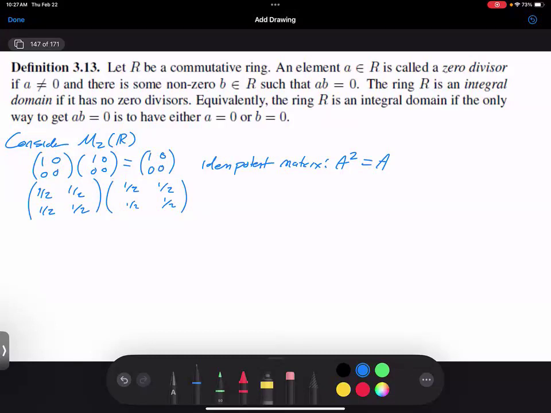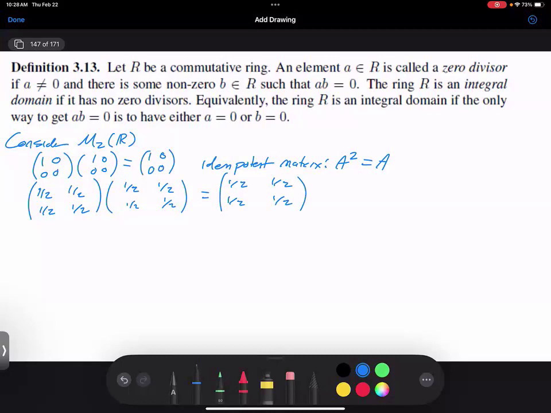You get 1/2, 1/2, 1/2, 1/2. So was this what you were thinking of when you said 1/2? Yeah, very good. This is not just ones and zeros. Something more is going on here.